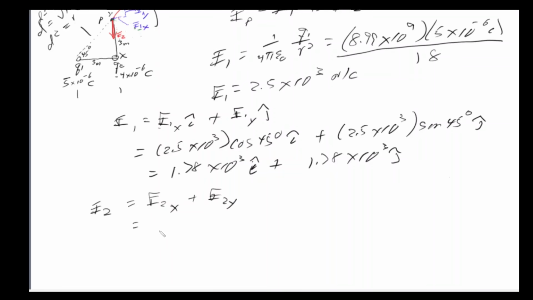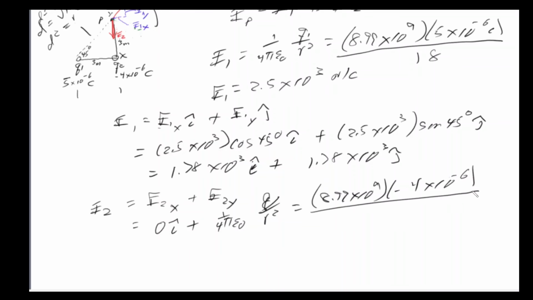In this case, E2 in the x direction is 0, plus E2 in the y direction equal to 1 over 4 pi epsilon 0 times Q2 over r squared. So that's equal to 8.99 times 10 to the ninth times Q2, which is minus 4 times 10 to the minus 6 coulombs, over r squared, in this case 3 meters.